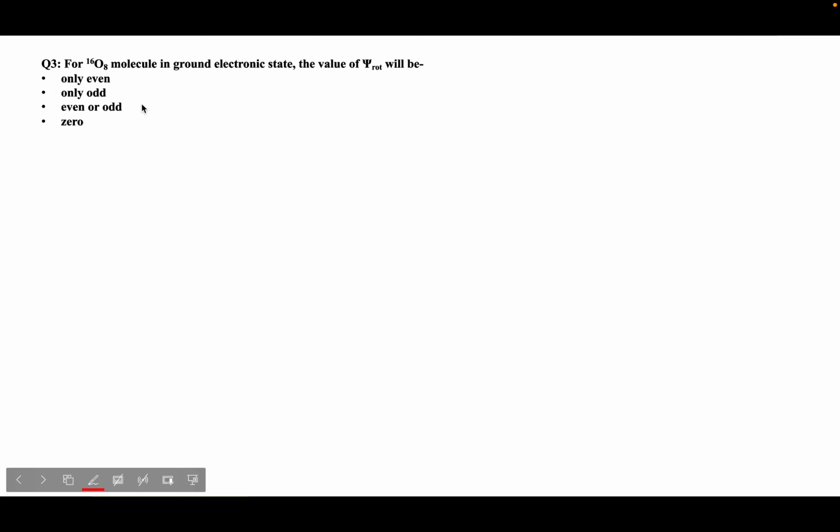Question number 3. For the oxygen molecule in ground state, the value of psi rotation will be. This is having I equal to 0, and for I equal to 0, J has even numbers, and for I equal to 1, J is odd.